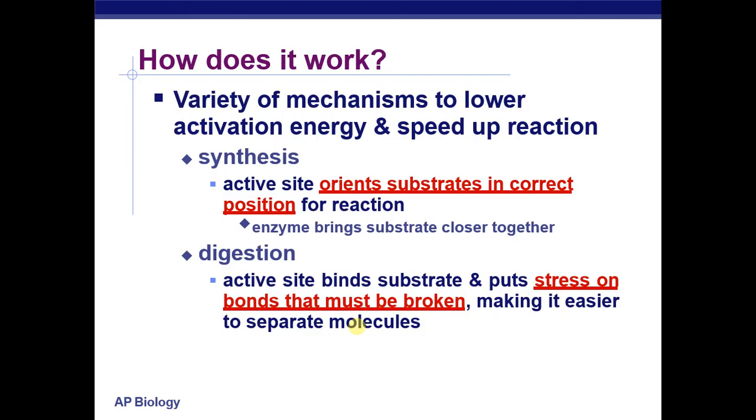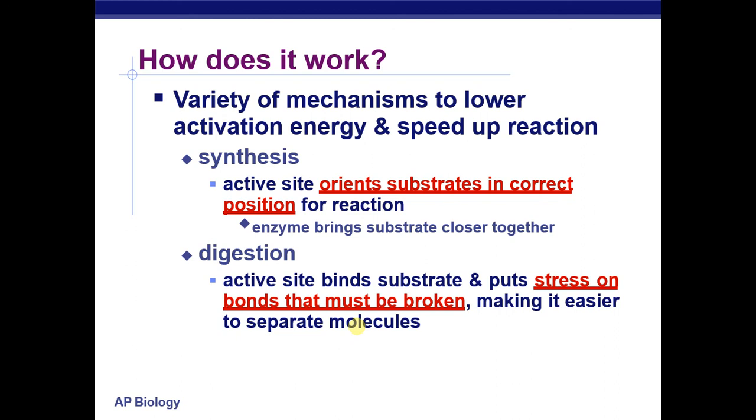How does this work? Well, there's a variety of different mechanisms that allow activation energy to be lowered and to speed up reactions. And one of the mechanisms is that the enzyme binding with the substrate at the active site is able to orient those substrates into a better position spatially for that reaction to occur.